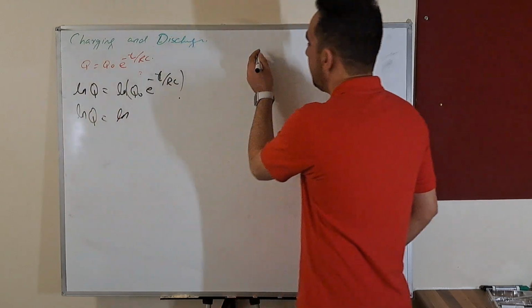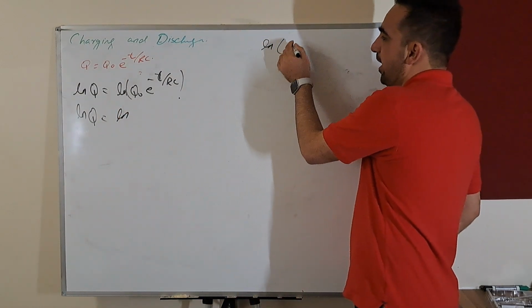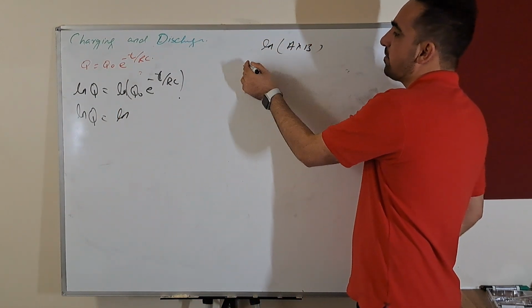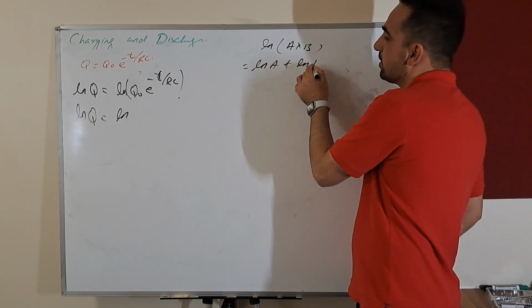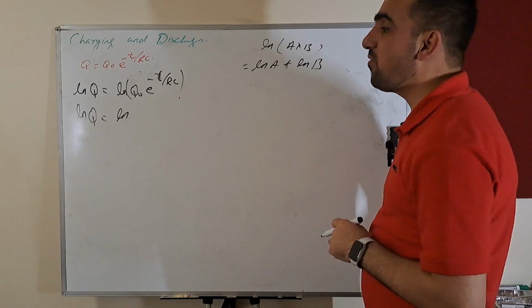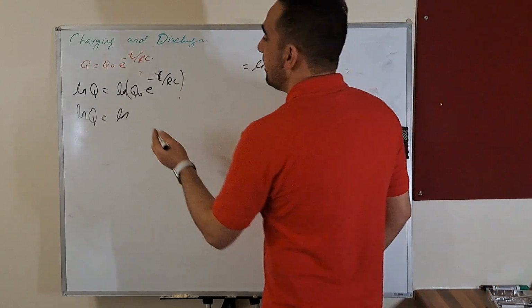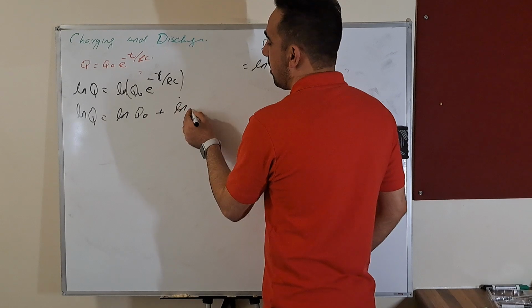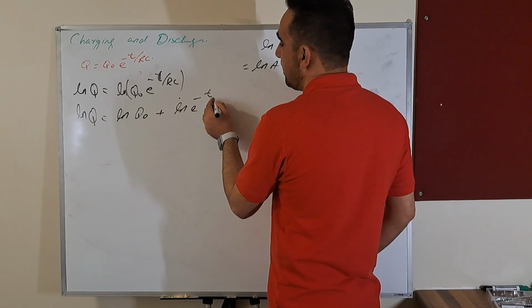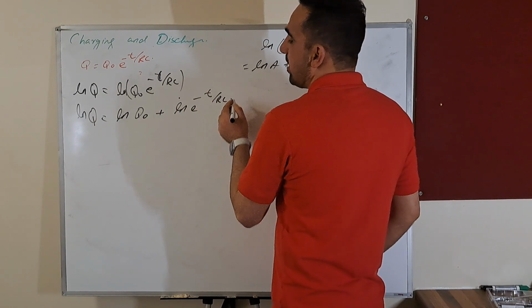If we have log of a multiplied by b, do you know this formula is equal to log of a plus log of b. So it's a rule of logarithm. Okay, so we get natural log of Q naught plus natural log of exponential minus t divided by RC.